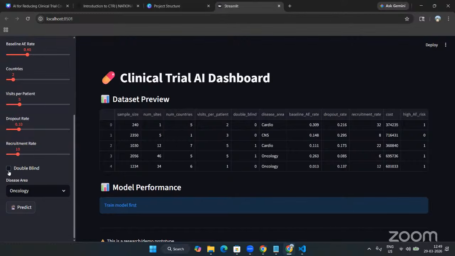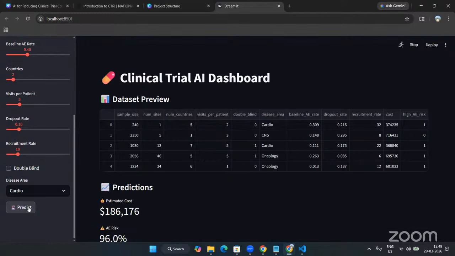Double blind, you need to select it or remove it. That is something you have to choose. Then oncology: here you can choose which disease area you are working on. Once you have selected, you click on predict.